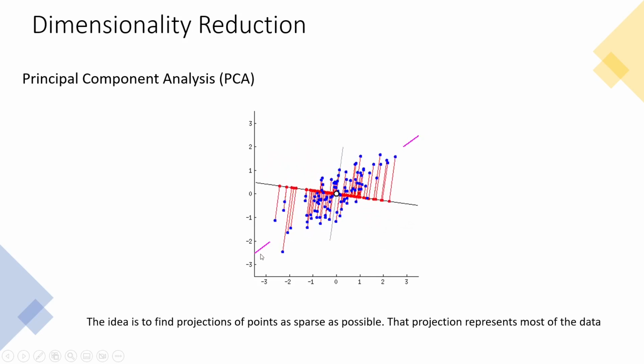So the principal components are orthogonal to each other, as we will be seeing in the examples. This is the first principal component. This will be our second principal component.